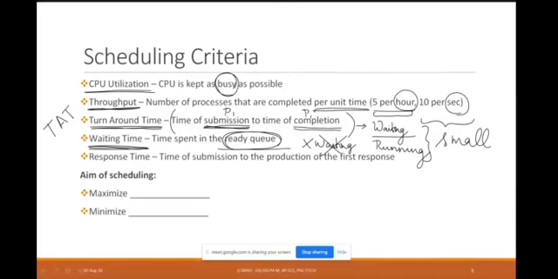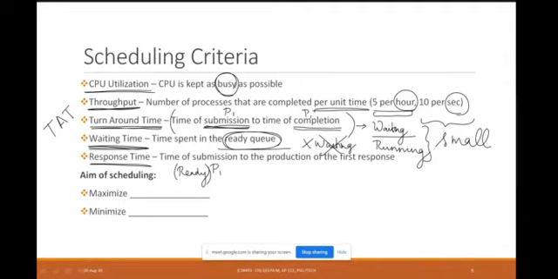The last one is response time. Response time is the time of submission of the process, submission meaning entering the ready queue, the time at which it is ready. It is not your final stage.